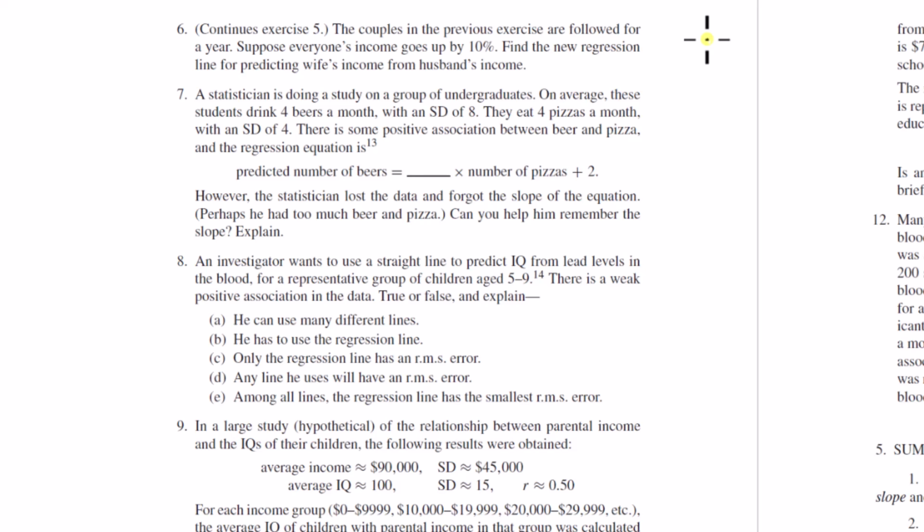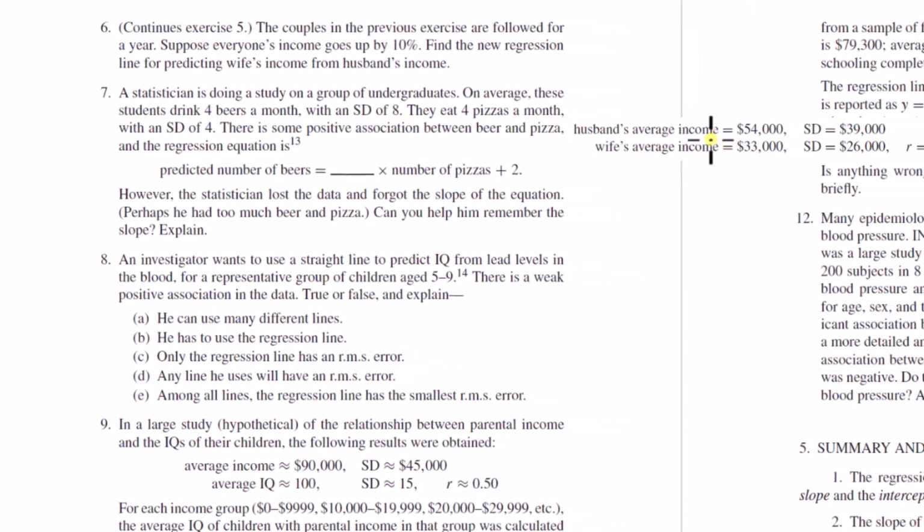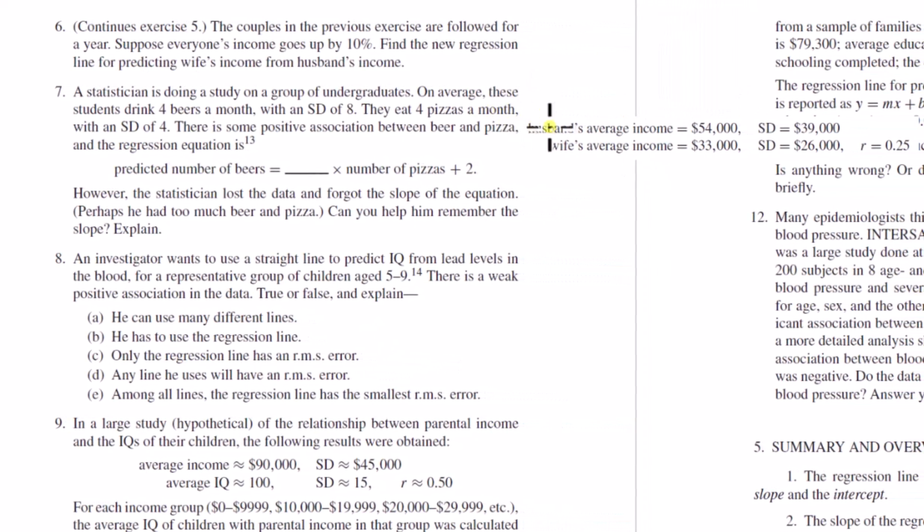But they will change the averages: you multiply the averages by the factor you multiplied by. So here's the original data. The point of averages, each of these values is going to be multiplied by 1.1, and the standard deviations are going to get multiplied by 1.1 as well.